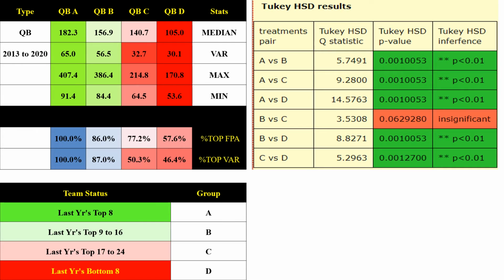So if you look at last year's rankings of the teams as far as average fantasy points, the ones that were crappy at the bottom, unless something dramatic happens in the drafts, I'm not taking those quarterbacks as my QB1, not even close.